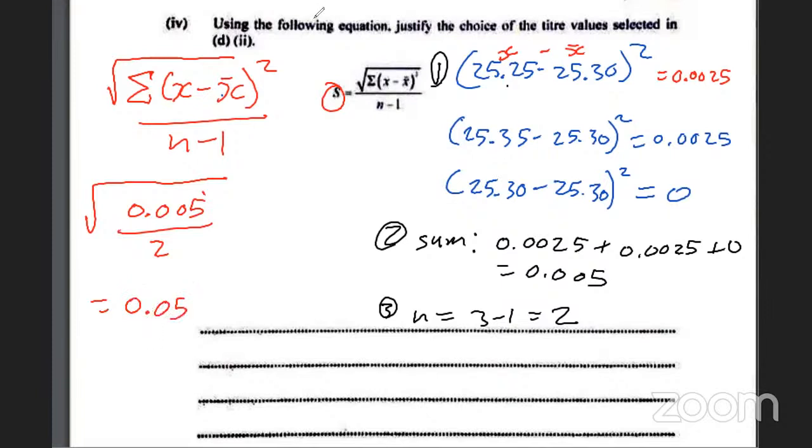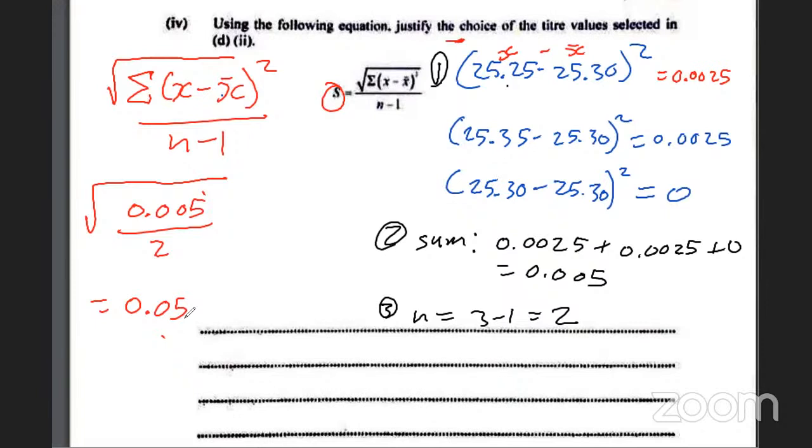0.05. So they say use the following equation to justify the choice. So this is your standard deviation. It is extremely small, 0.05. It means that your readings were precise, very close to each other. And remember, we said in a titration, we use values that are very close.